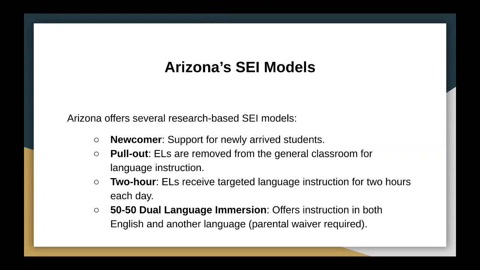In the pull-out model, students receive separate language instruction outside of their regular classrooms. The next one is the 2-hour model, which offers intensive language instruction for 2 hours per day. And additionally, the 50-50 dual language immersion program provides instruction in both English and another language, which can be especially beneficial for bilingual families. And parents have the option to opt out of this model with a waiver.